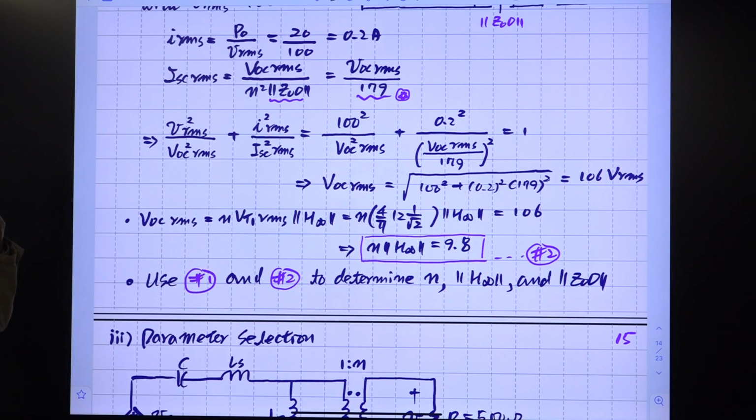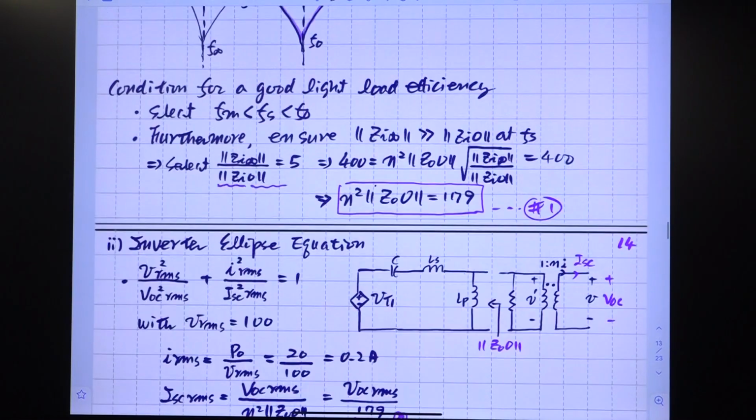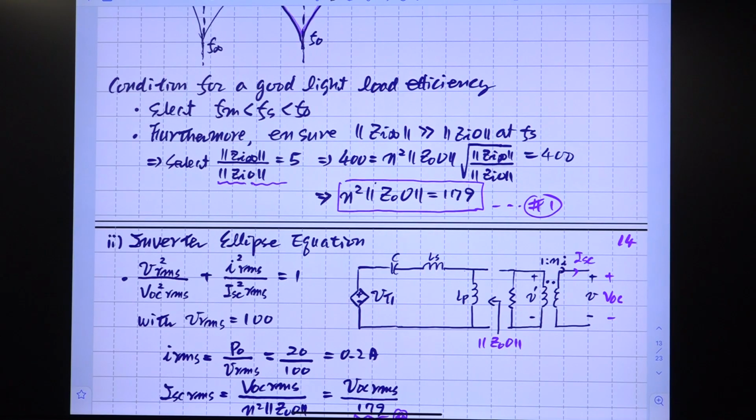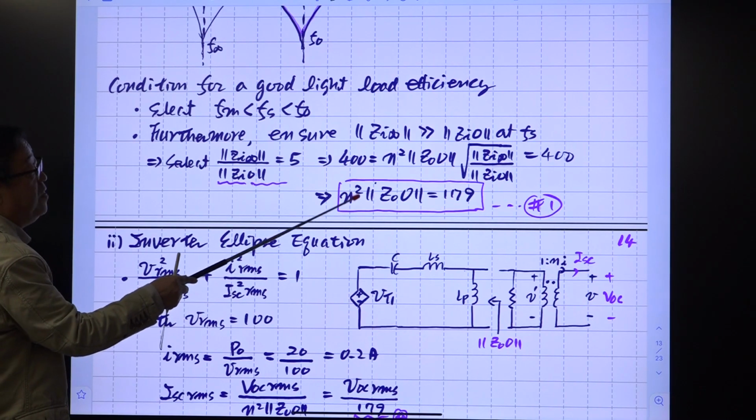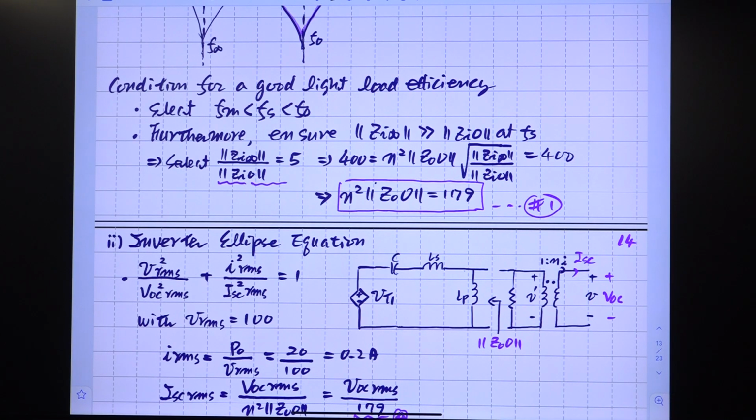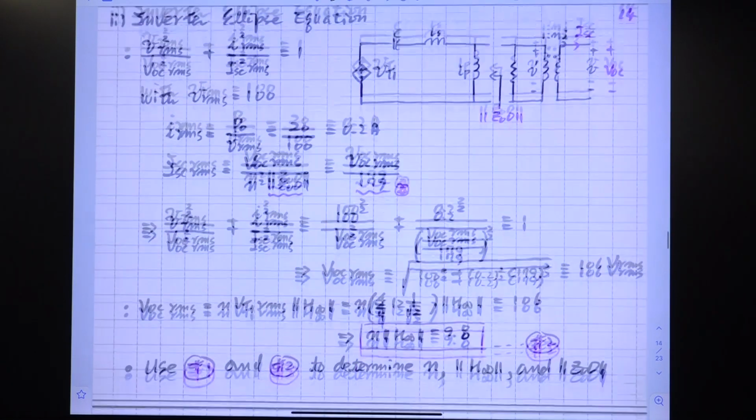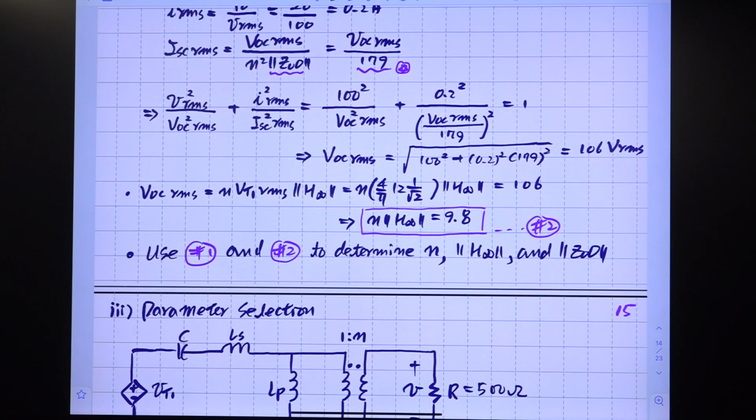So we determined number 1 and number 2, which is this one, okay? We determined this, basically this one. We have N squared, okay? And another design equation, we determined this one. So we have 2 equations.